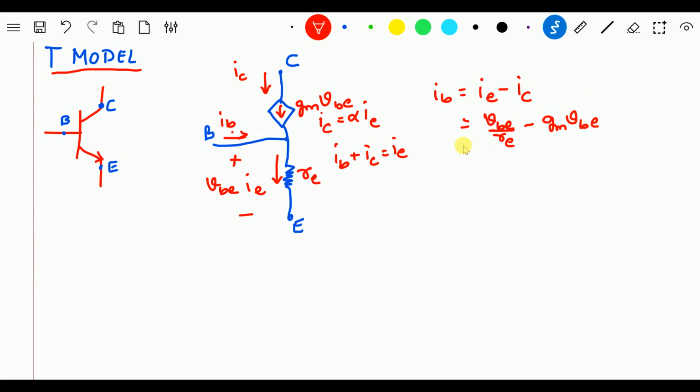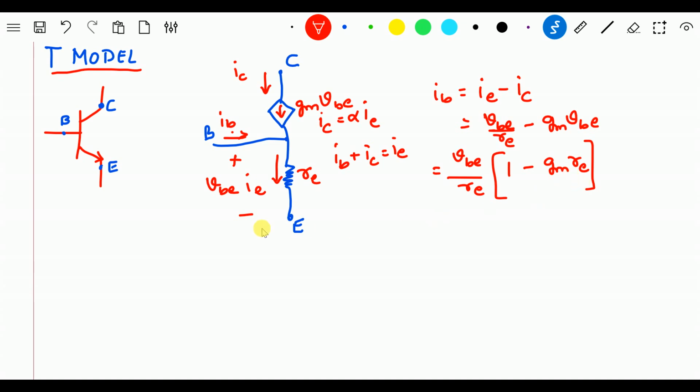So if I take VB by RE common here, I will get 1 minus GM into RE.